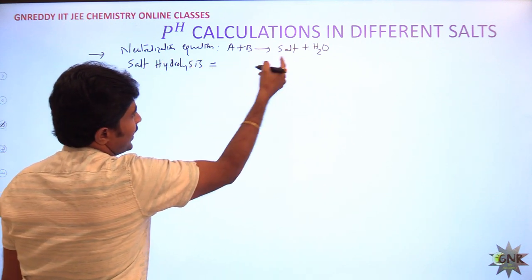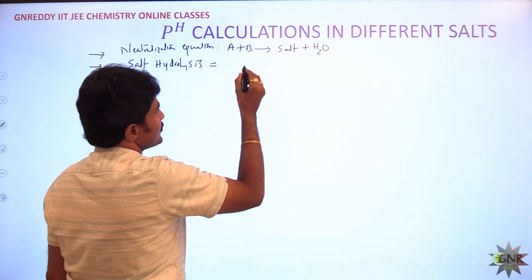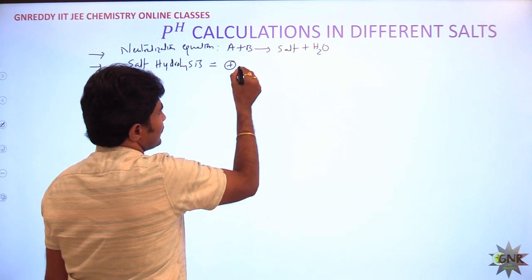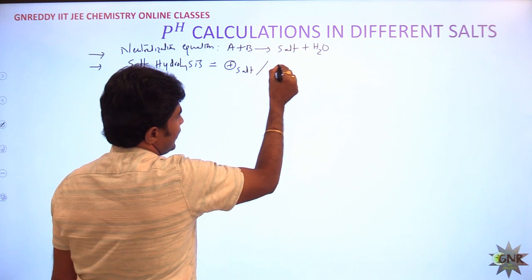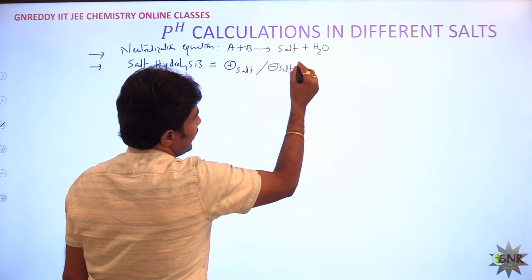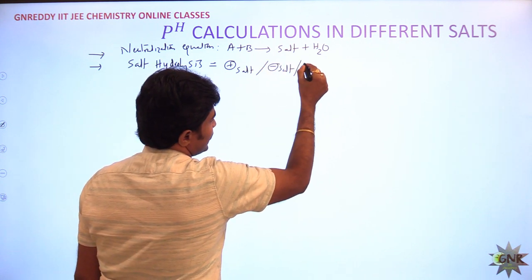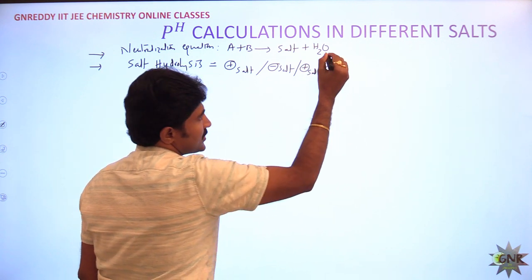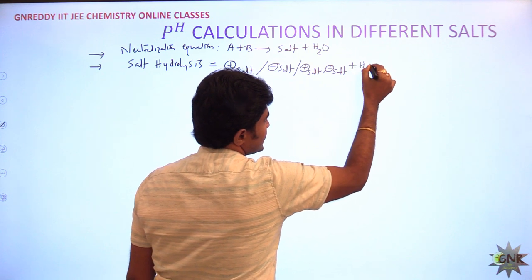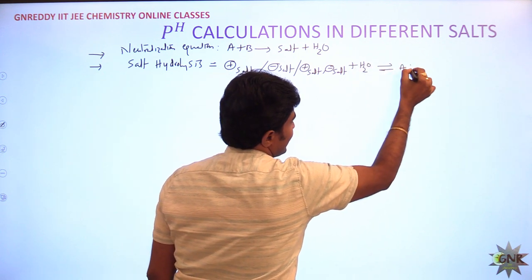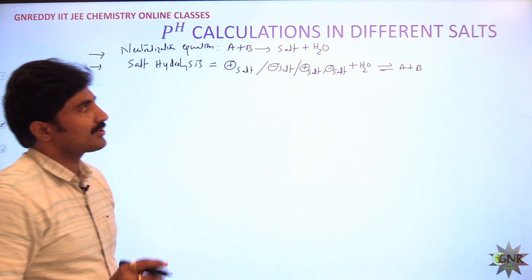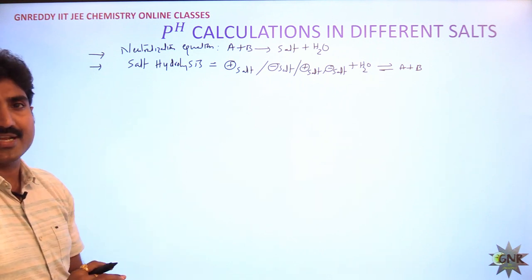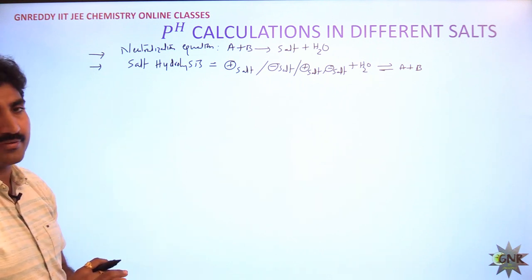One of the ions in the salt, so maybe the cation of the salt or the anion of the salt, or even sometimes both the cation and the anion of the salt, interacts with the water and gives rise back to an acid plus base. That is called salt hydrolysis. Salt hydrolysis is exactly the reverse reaction of the neutralization equation.